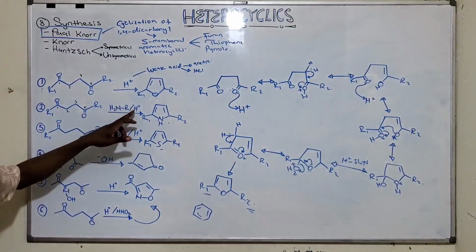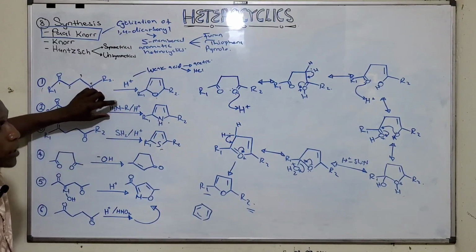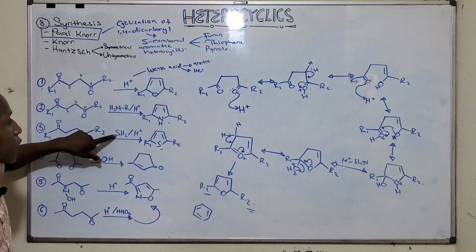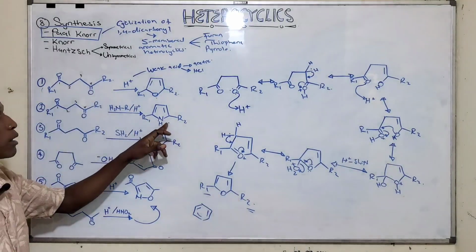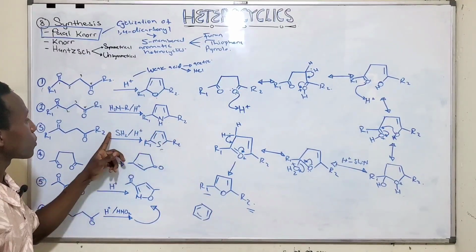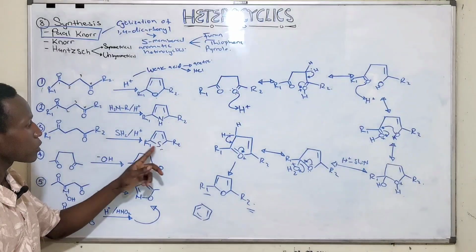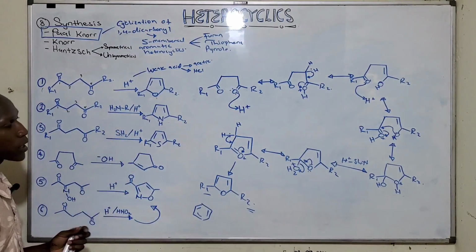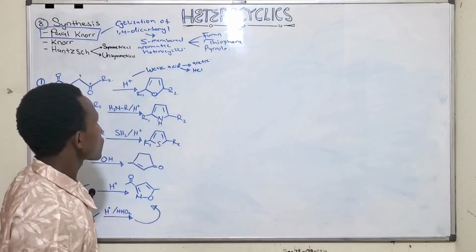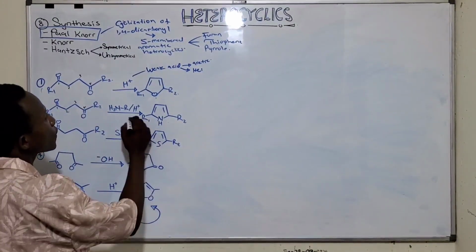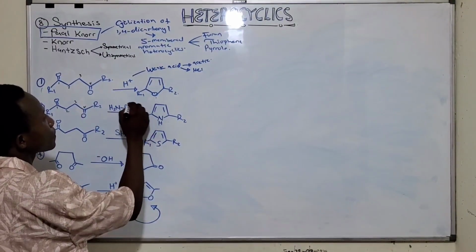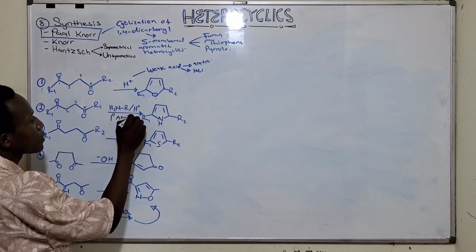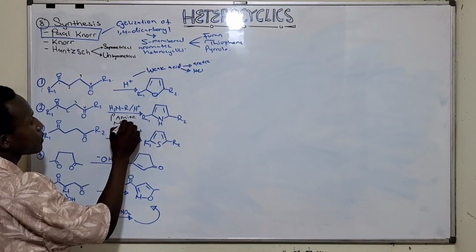So if you just add acid, you get furan. But if you put acid with another base, or this is amine, this is hydrogen sulfide. If you put amine, we get pyrrole. If you put hydrogen sulfide, we get thiophene. Let's also see these mechanisms. For this mechanism, we are having a primary amine. Here we can use a primary amine or ammonia.